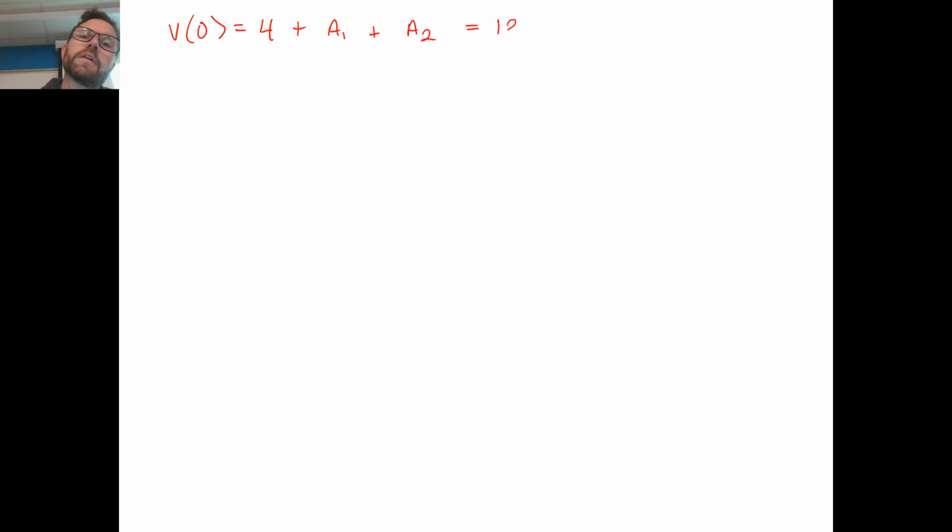So we get our 12 volts here. What does that give us? That gives us that A1 plus A2 is equal to 8 volts. This is our equation 1 for finding A1 and A2.